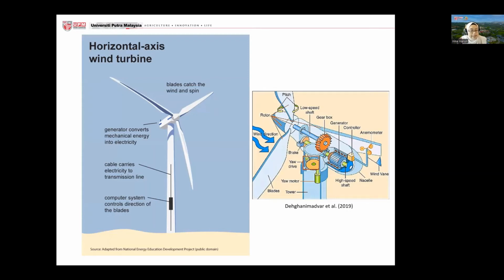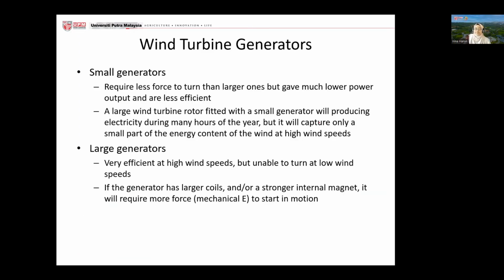So this is the generator, and this is the turbine, the rotor, and as it turns, it turns the generator, and this is what produces the electricity. All right, so in wind turbine generators, there are two types.